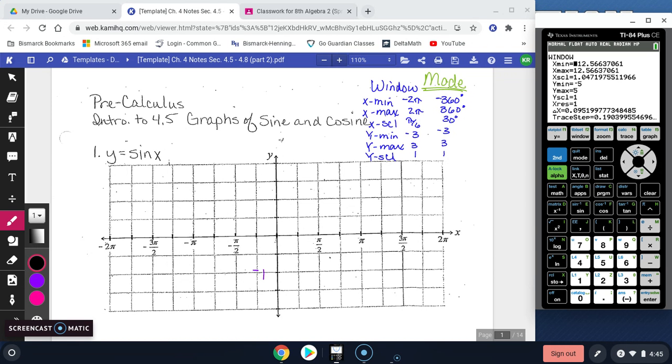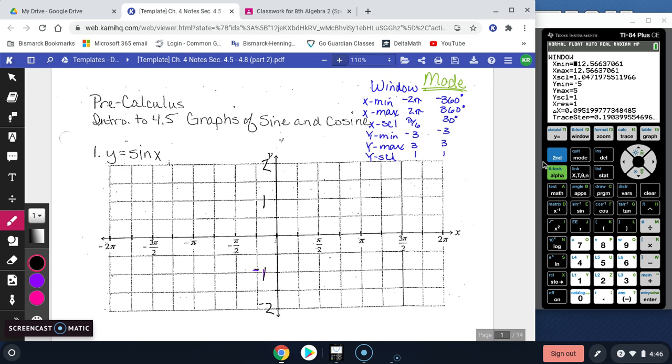And then for the y-axis, if we do every other tick mark, we would have 1 and 2, and then -1, -2. So you might want to choose that for your y value. What I wrote down was -3, +3. That would be fine too.